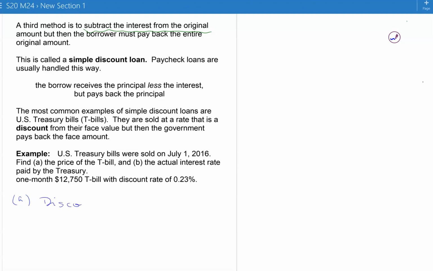So my discount amount is calculated the exact same way you would calculate interest. So 12,750 times the interest rate converted to a decimal, 0.0023, times 1 month, so that's 1/12th of a year. And that gives me about $2.44.